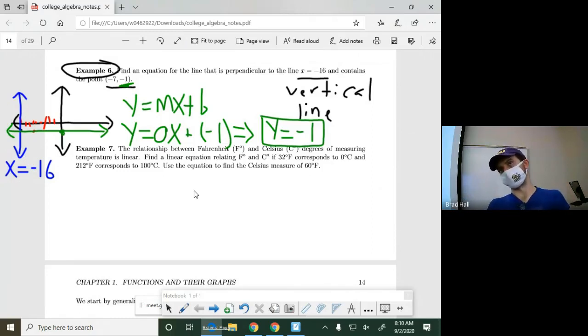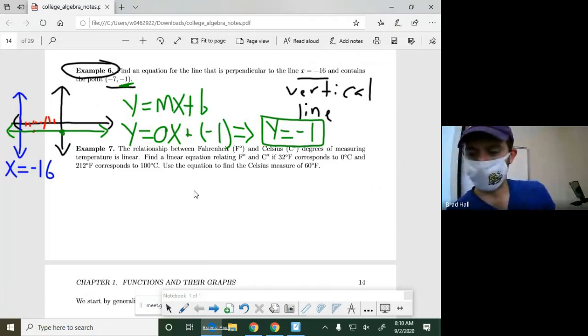Pretty sure a lot of other countries use Celsius. And then the question is, well, what's the relation between the two? It turns out the relation between Fahrenheit and Celsius is linear, which means we can actually determine a conversion formula between Celsius and Fahrenheit. And we can do that given all of this information.